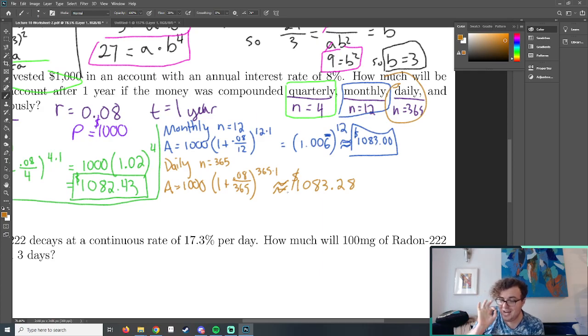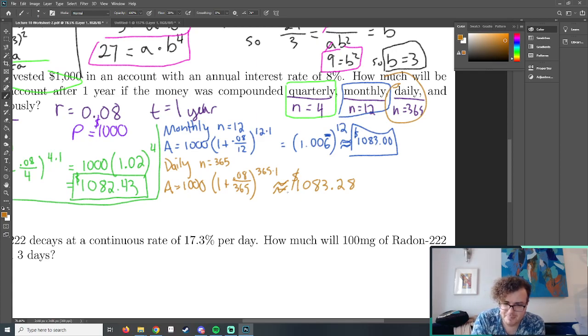It is a very tiny amount more money, and thus it's pretty close, at least in the short term like this. Over the course of a long investment, the difference might actually be fairly noticeable. But one mathematician was asking, okay, but what if we compounded all the time, like even faster than daily, like minutely, secondly, or millisecondly?